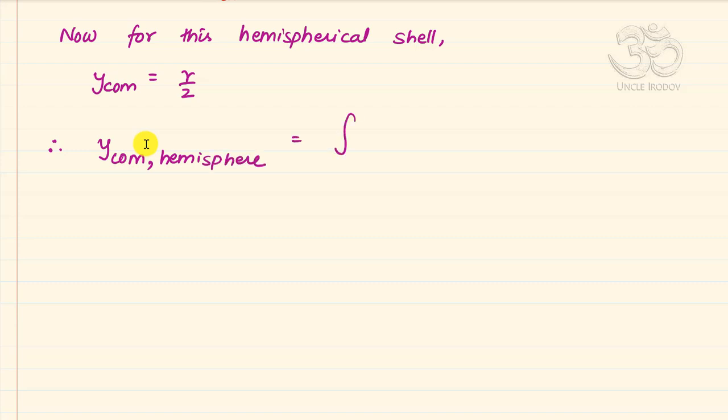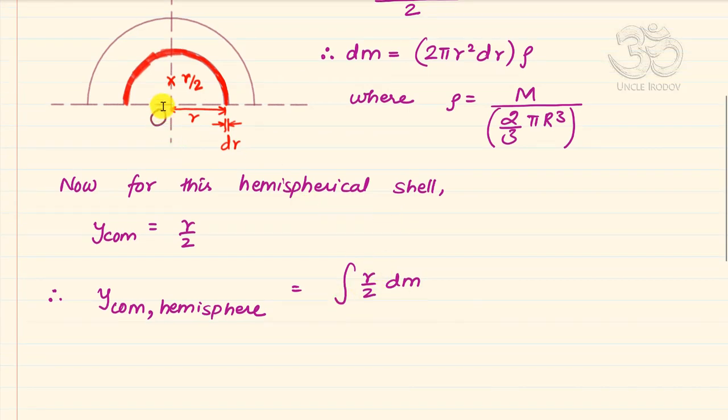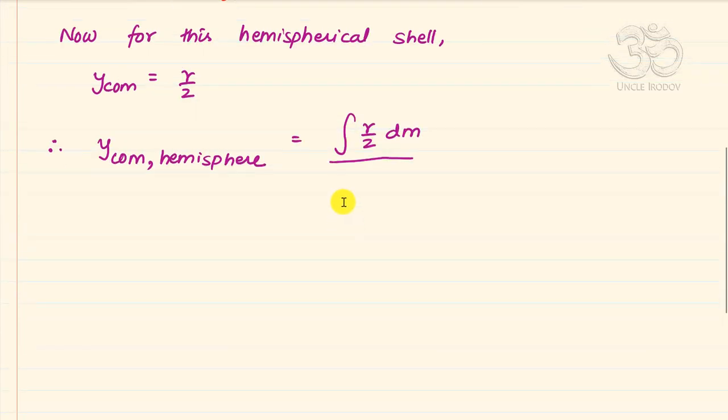is equal to integral of r by 2 times dm, and this integral has to be performed for all the shells starting from a 0 shell size to the largest shell size, which is big R, divided by integral of dm. And what will the numerator become then?